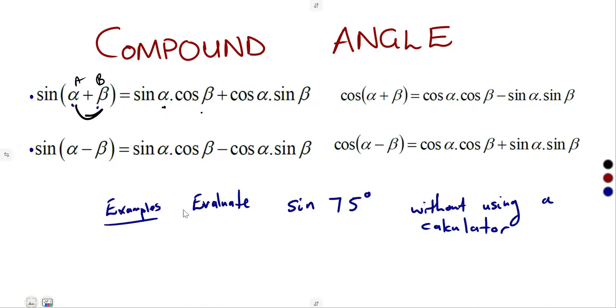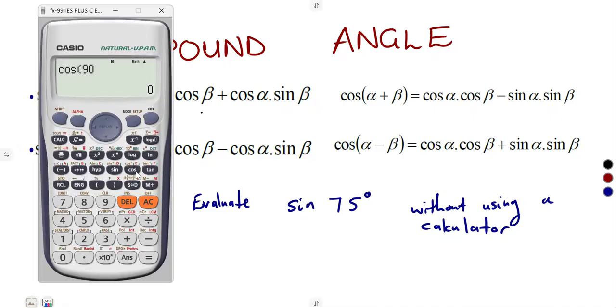Because our calculator was simply going to give us a straightforward answer, sine 75 degrees. We have the answer. But they are saying, do not use it. We must get that answer without using a calculator.